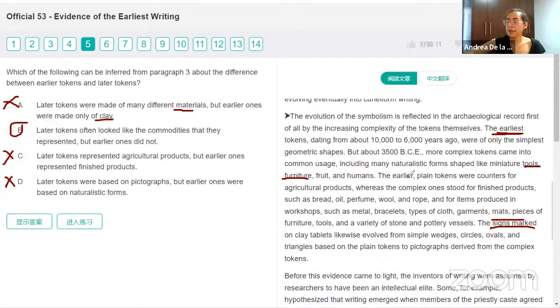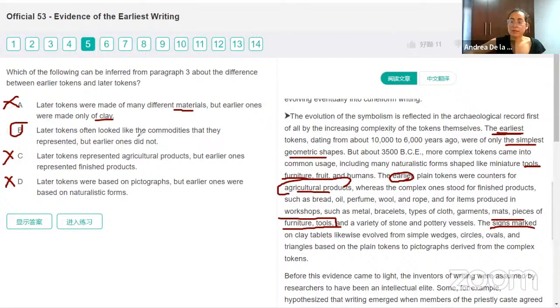Y además nos dicen que las primeras representaban productos agrícolas y las últimas representaban productos terminados como mueblería y herramientas. Entonces sabemos que las últimas estaban en la forma de herramientas y además representaban herramientas, productos terminados. Y en cambio las primeras estaban en la forma de formas geométricas simples, pero representaban productos agrícolas.